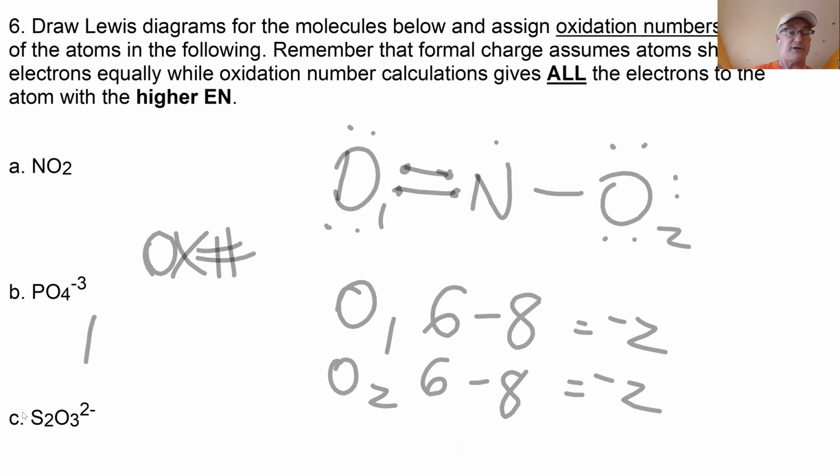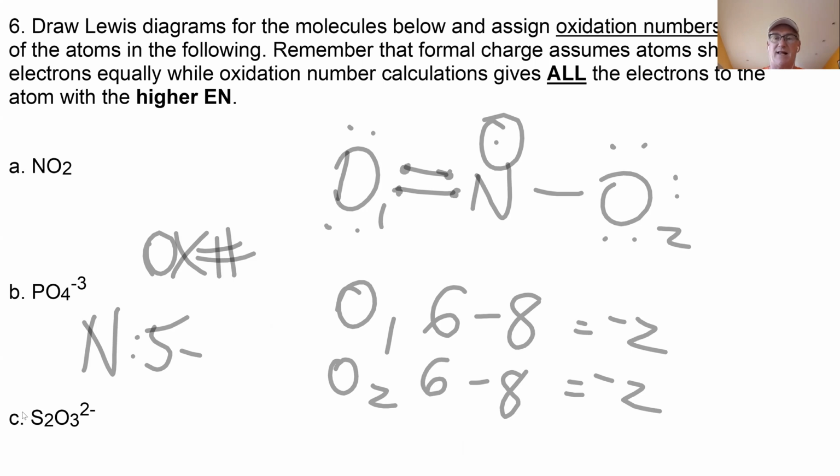Now let's look at nitrogen. It's supposed to have 5 valence electrons. How many does it get to keep for itself? In this situation? 6. Are we not including the lone pair? It doesn't have a lone pair. It just has that one electron.